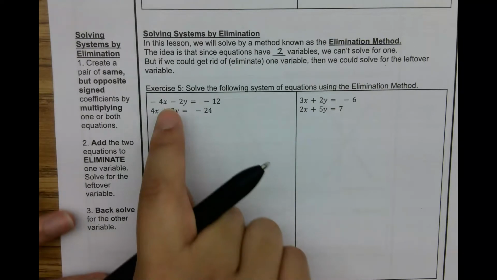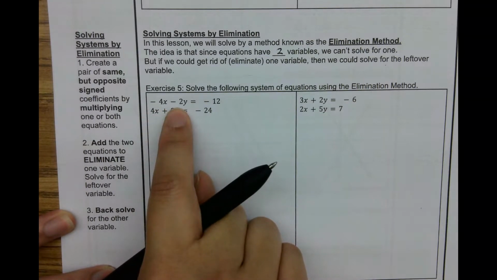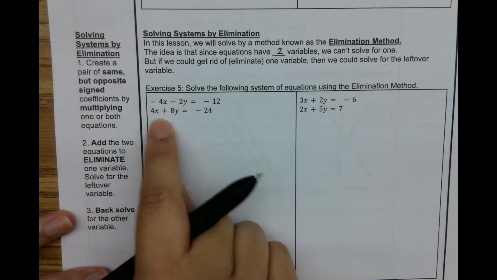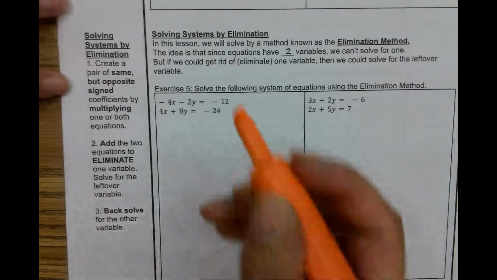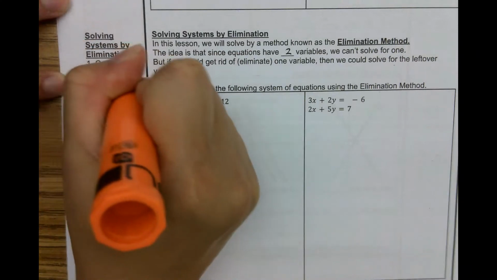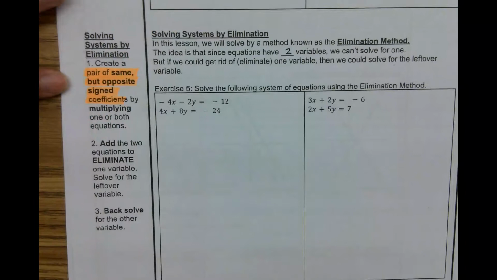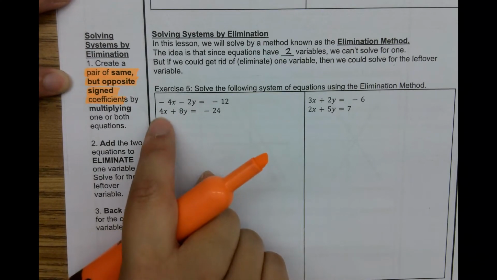So here, my two equations for my system are negative 4x minus 2y equals negative 12, and the other one is 4x plus 8y equals negative 24. The first thing I want is a pair of same but opposite signed coefficients. If I look at my x's, my coefficients are negative 4 and positive 4.